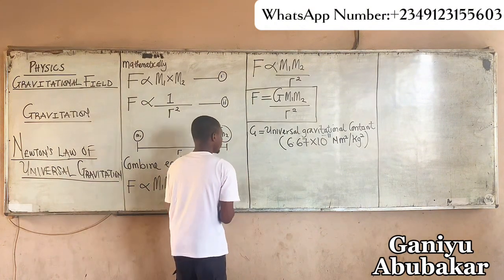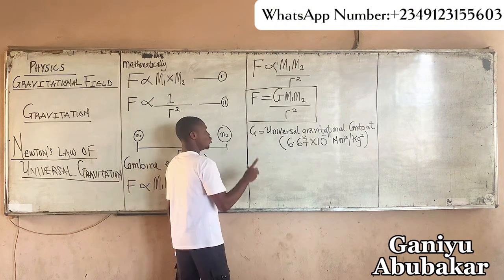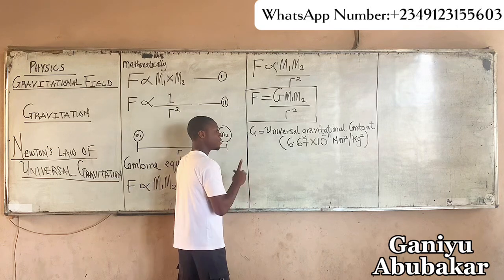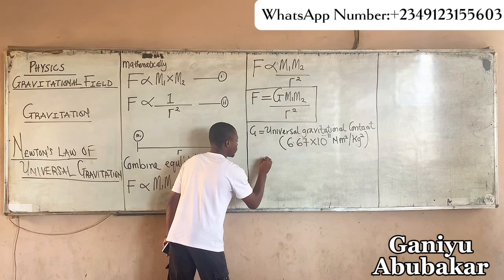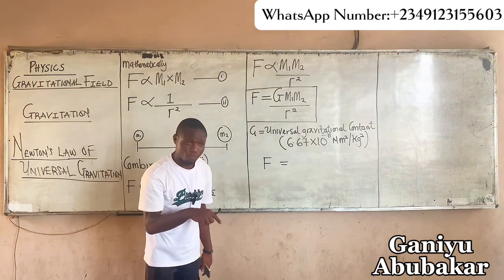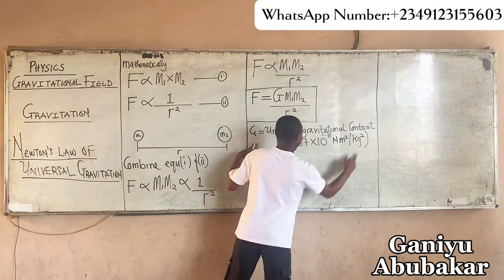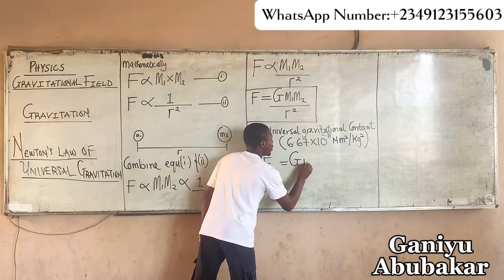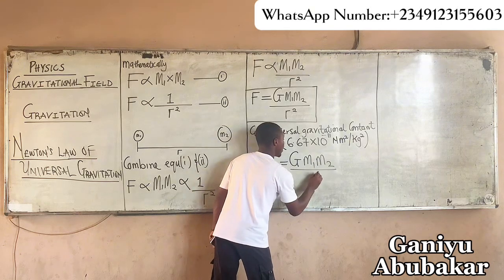We said that from Newton's law of universal gravitational force, F is equal to, I want to show you why the SI unit for capital G is actually Newton meter square per kilogram square. So we said from here F equal to capital G M1 M2 over R squared.